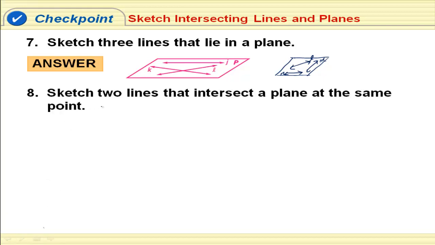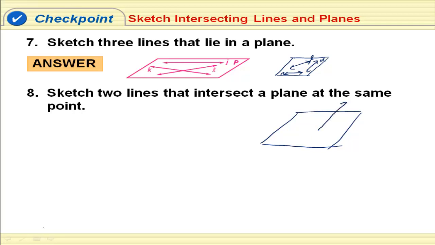Another sketch. Sketch 2 lines that intersect a plane at the same point. So let me draw a plane here. And they want 2 lines that intersect at the same point. So let's see.